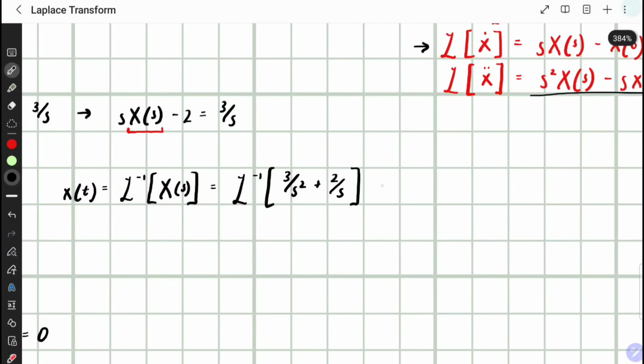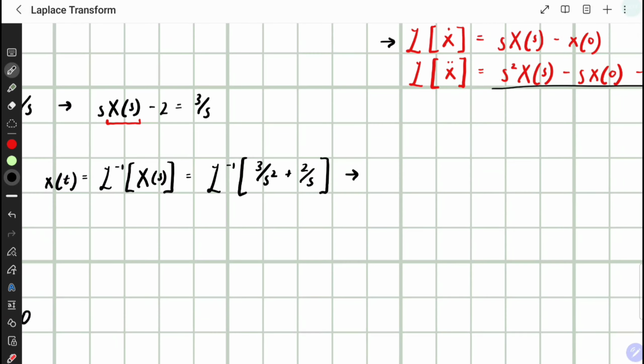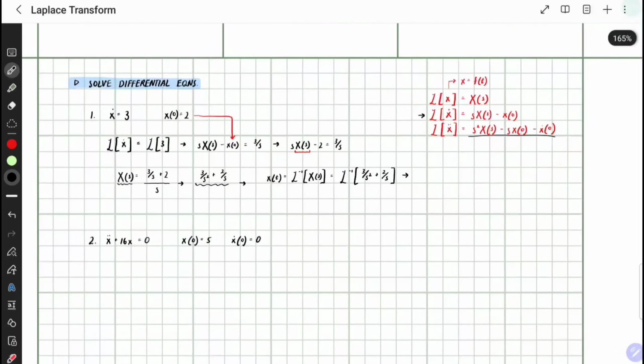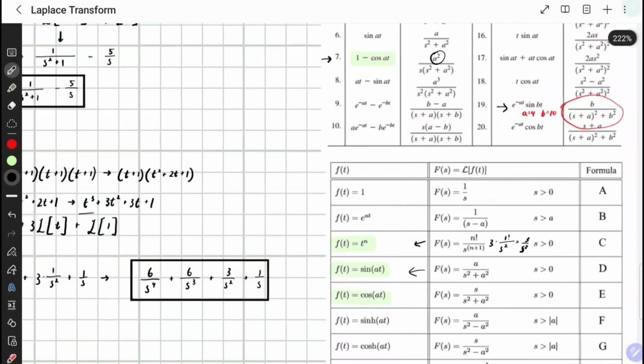Using that table just again. So this first one here, 3 over s squared, this is one of those power examples we saw before with the exponent.